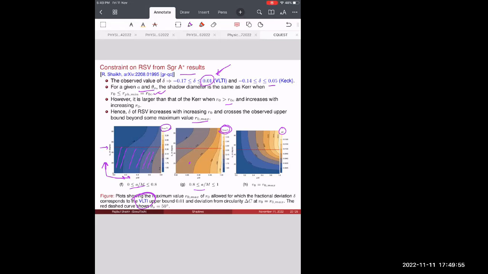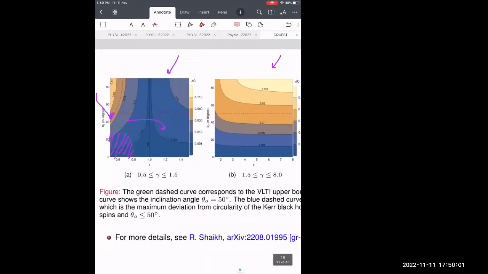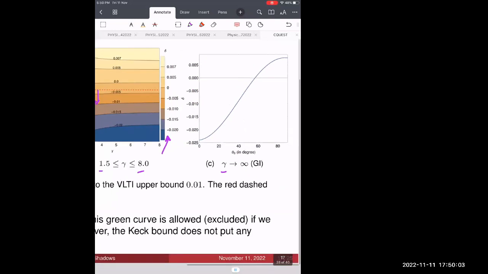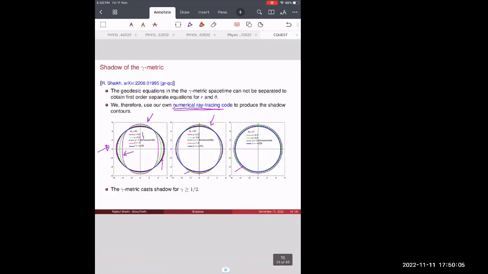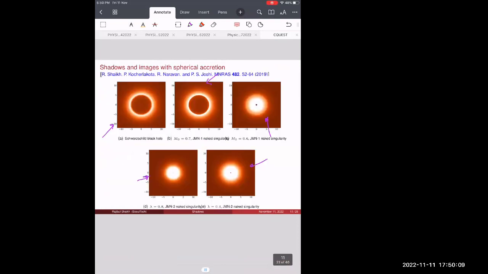If I consider the image, say for example, this case, then we have to consider the photon source, right?